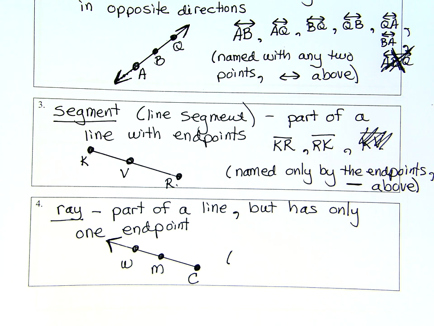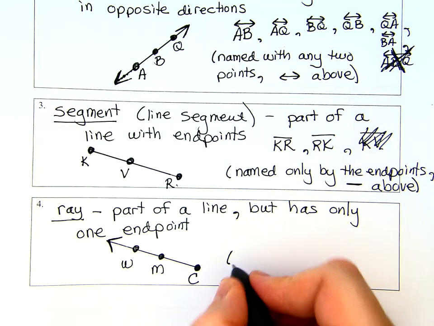To name it, still two letters. I think this one's probably the trickiest one to name. We must use the endpoint first, and then any other point on the line.